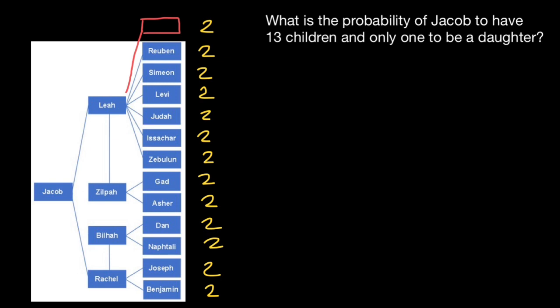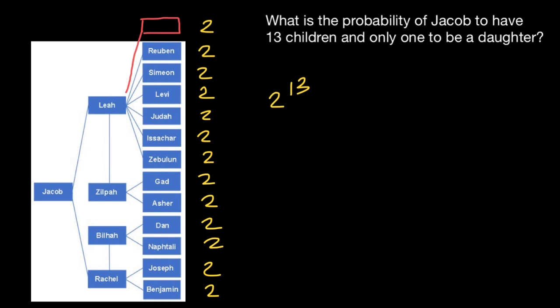So basically that means that for Jacob to have children, there are 2 to the power of 13 different variants and combinations, starting from all children being girls, then one child being a girl and 12 boys, or 2 children being girls and 11 boys, and so on.